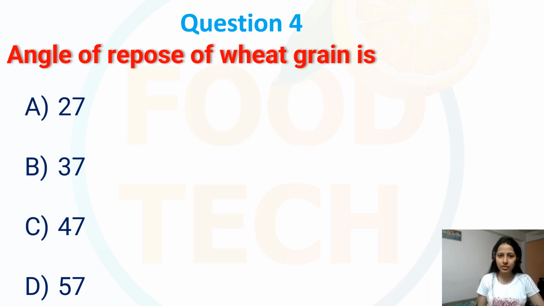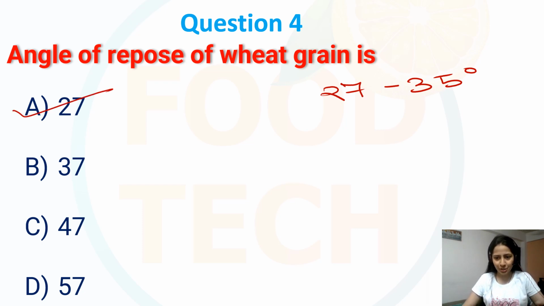Angle of repose is the steepest angle of descent or dip relative to the horizontal plane to which the material can be piled up without slumping. The angle of repose for wheat grain typically ranges from 27 to 35 degrees. Among the options, the one which fits is option A, that is 27. So my correct option is A.